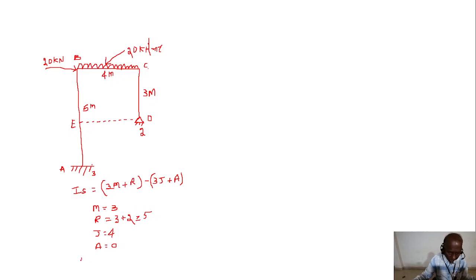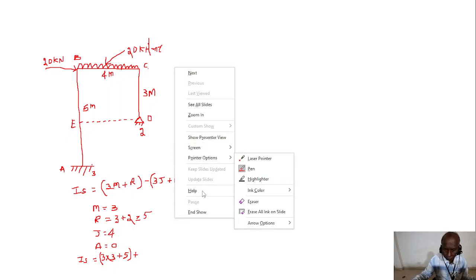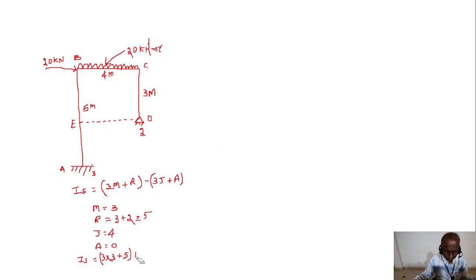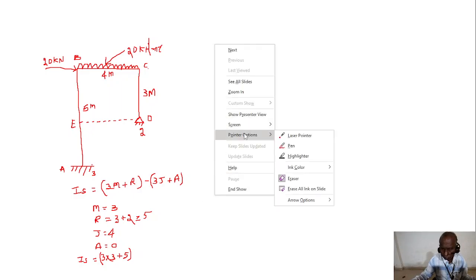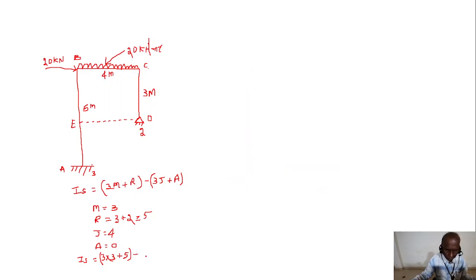The static indeterminacy is according to that equation: 3 into 3 plus r, which is 5, minus 3 into j, which is 4, so 3 into 4, plus a, which is 0.